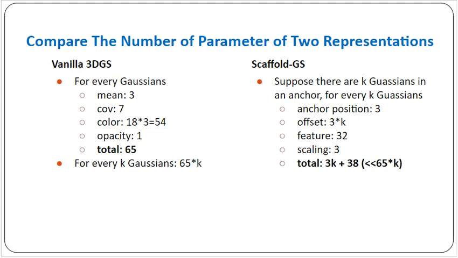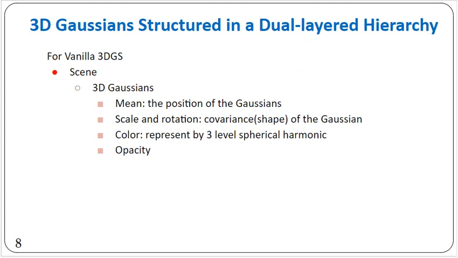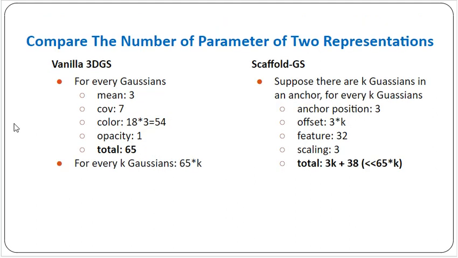And this is a more specific calculation of the parameters. We can see that vanilla 3D Gaussian splatting has the mean, the covariance, which means the rotation and the scale, and the third is the color and the opacity. So the total is 59 parameters, and for K Gaussians it is 59K.